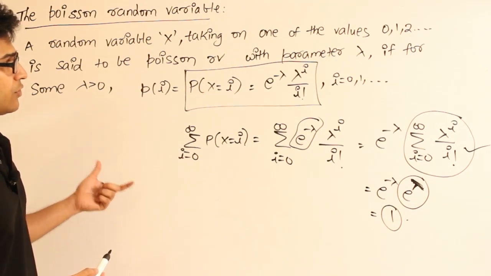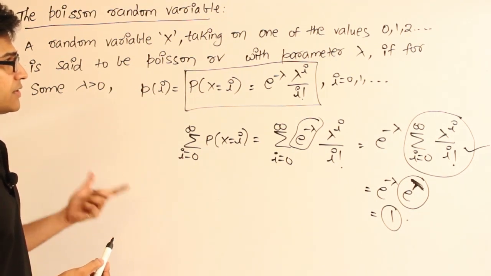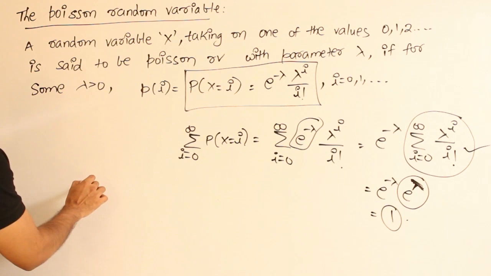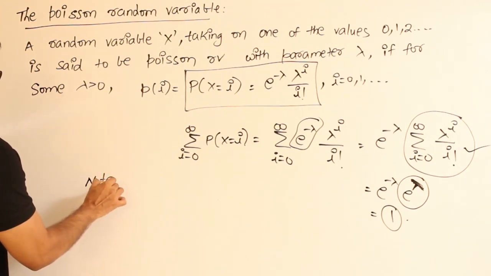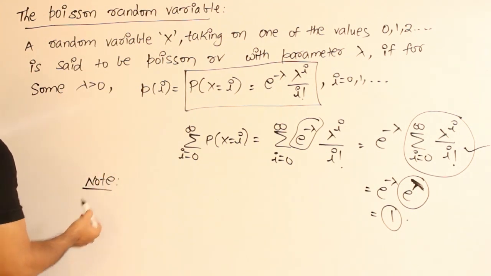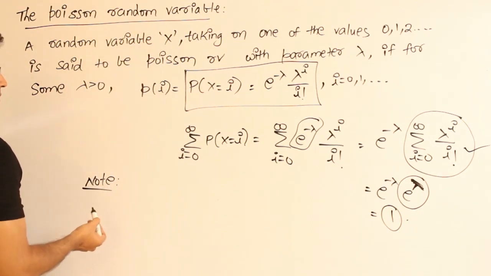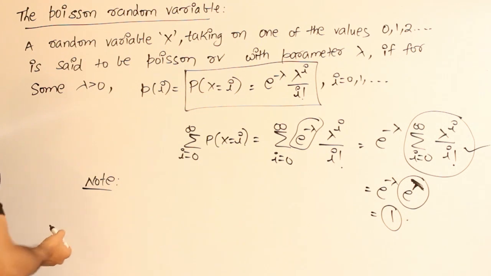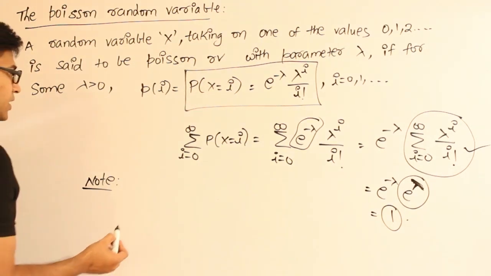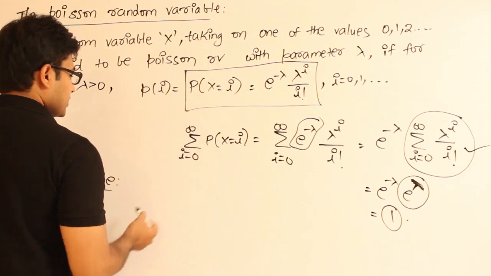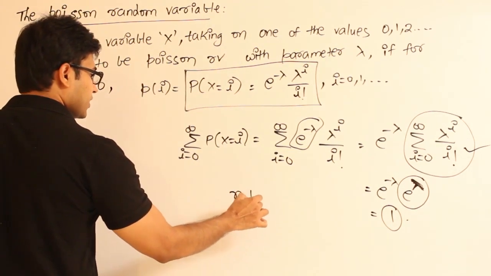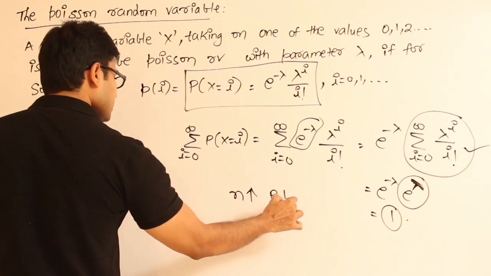So what is the main advantage of this Poisson random variable? It can be used to approximate the binomial random variable in some cases. So it is very important, write it down as a note. The note is: the Poisson random variable can be used to approximate the binomial distribution, the binomial random variable, whenever n is very high and p is very small.